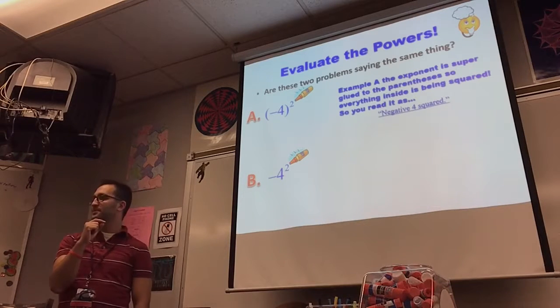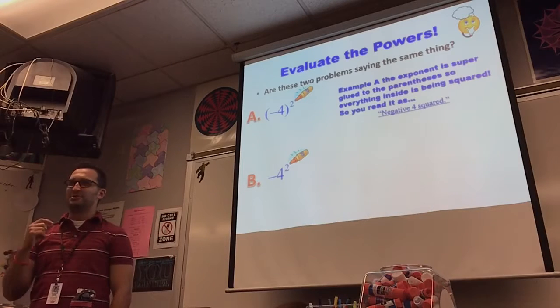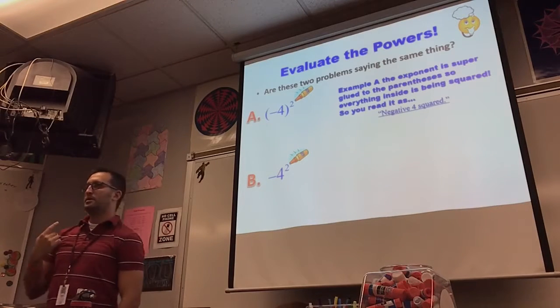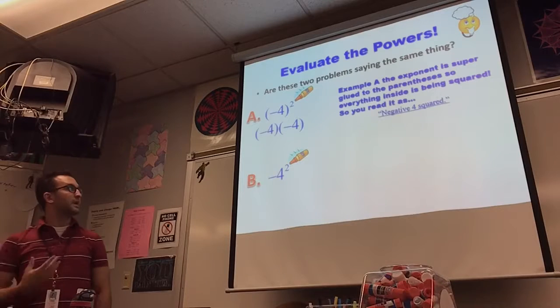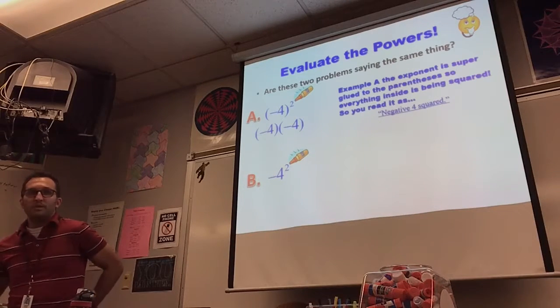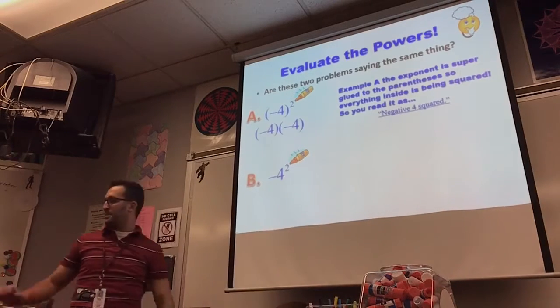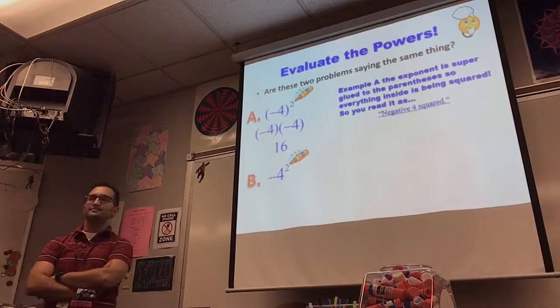Why? Because the exponent is glued to the parentheses. So what's getting repeated? The parentheses. So we're going to repeat -4 in parentheses times -4 in parentheses. And we know that same sign, positive, gives us 16.